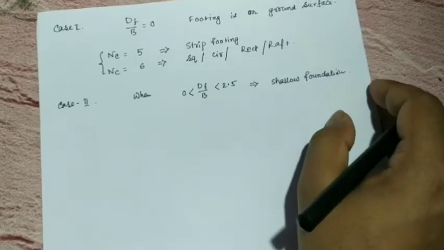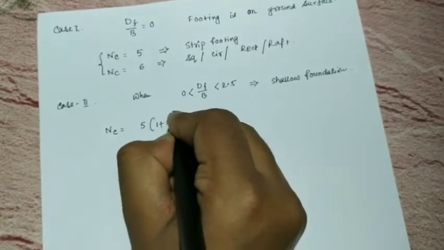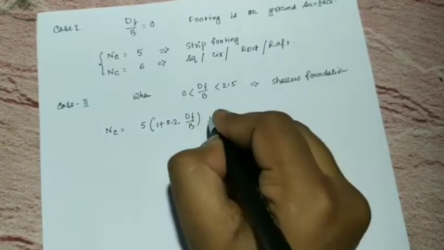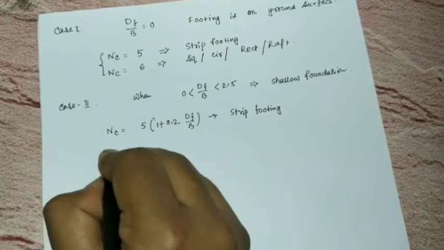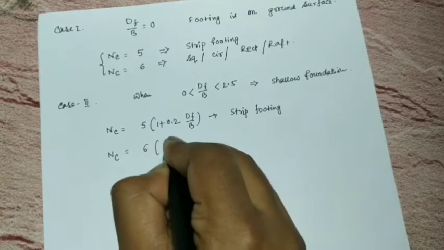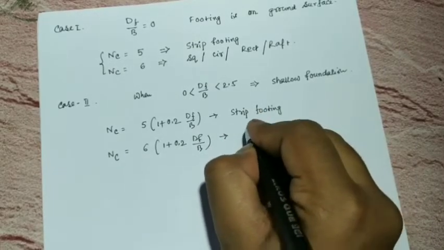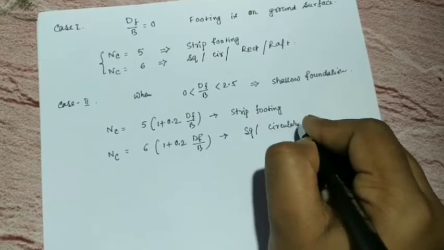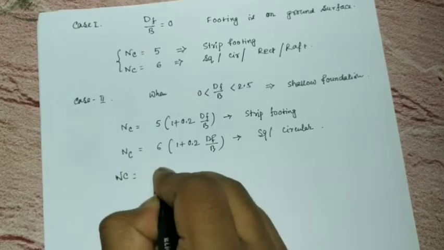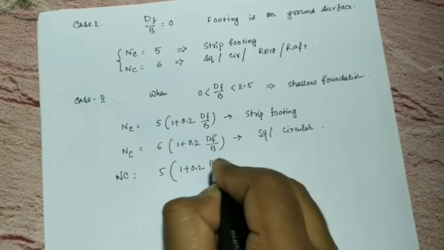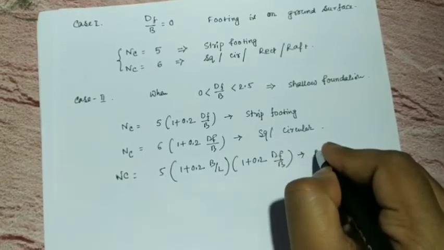In that case, the value of Nc given by Skempton is Nc = 5(1 + 0.2 Df/B) for strip footing, Nc = 6(1 + 0.2 Df/B) for square or circular footing, and Nc = 5(1 + 0.2 B/L)(1 + 0.2 Df/B) for rectangular or raft footing.